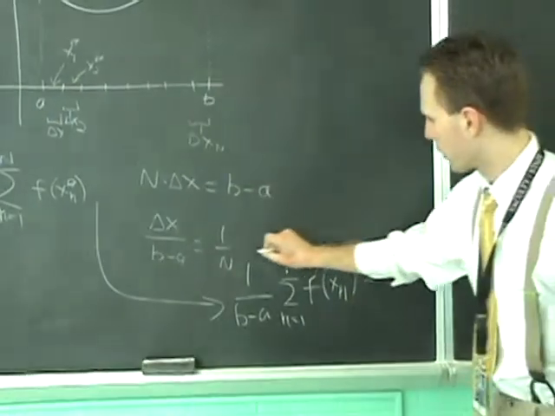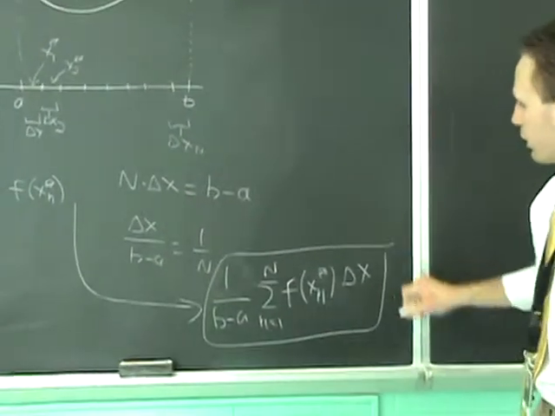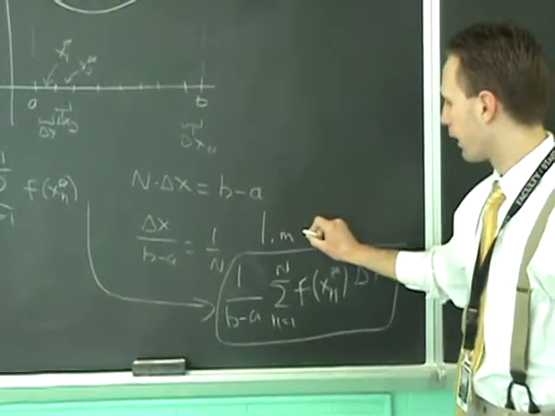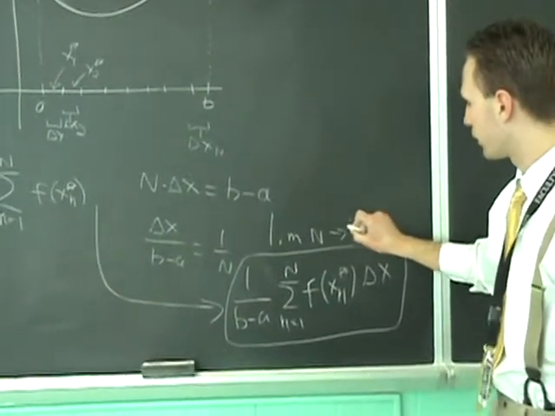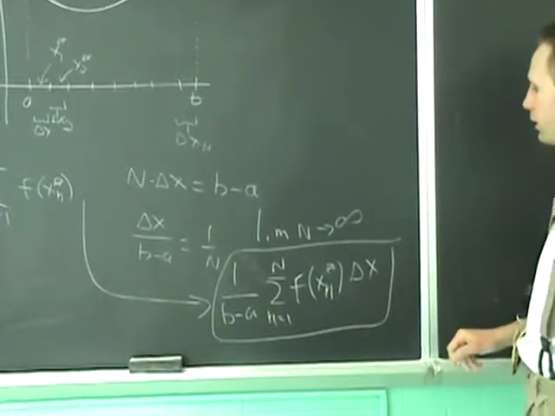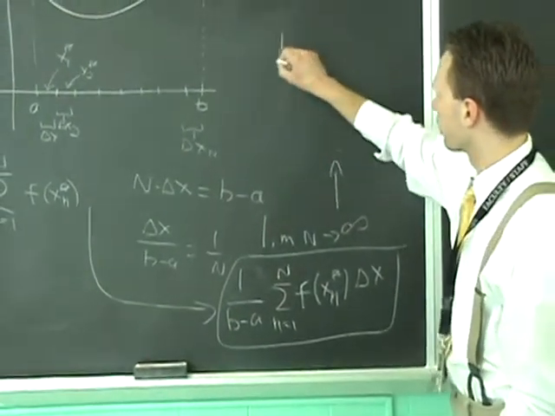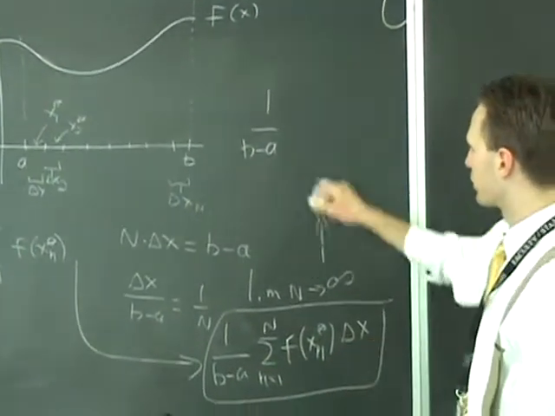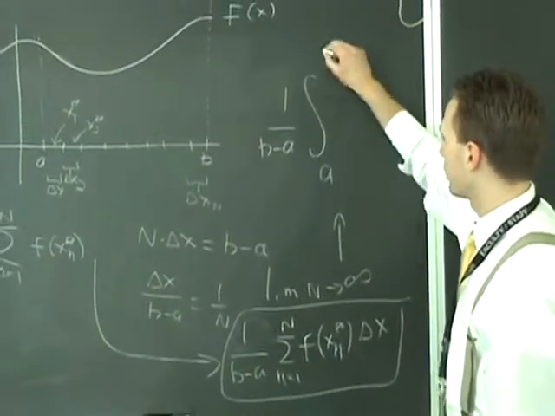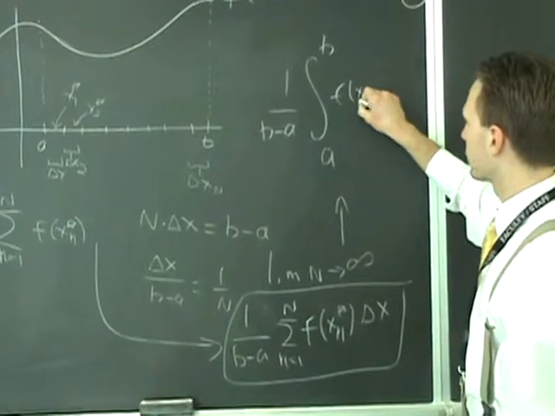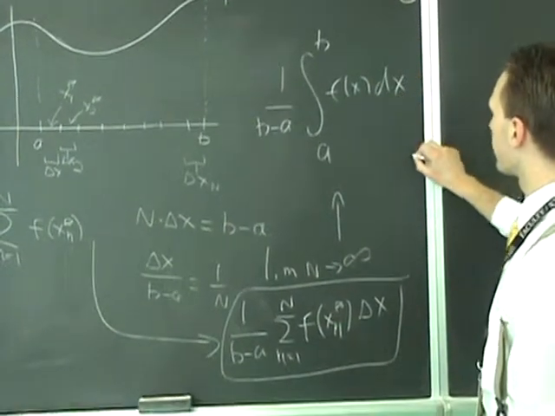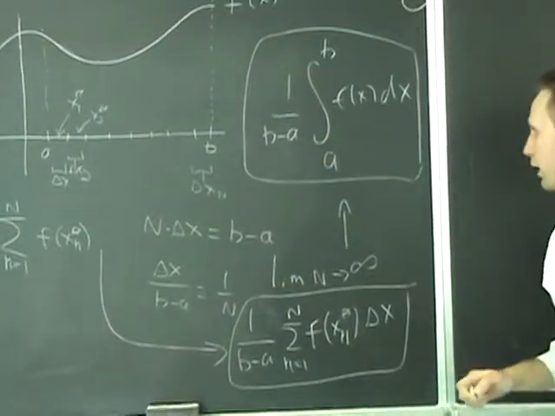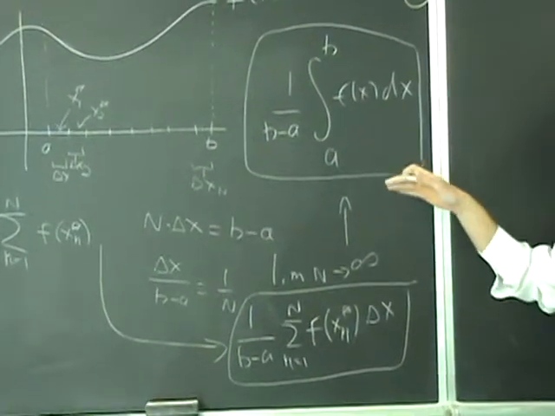And now you have your Riemann sum, of which you can take the limit. The limit of this, as n goes to infinity, gives you the definite integral: 1 over b minus a, because that's on the outside, times the integral from a to b of f of x dx. And that is the average value formula for f of x on an interval a b.